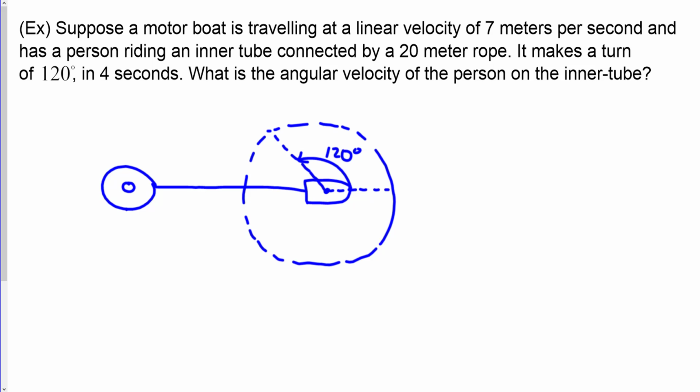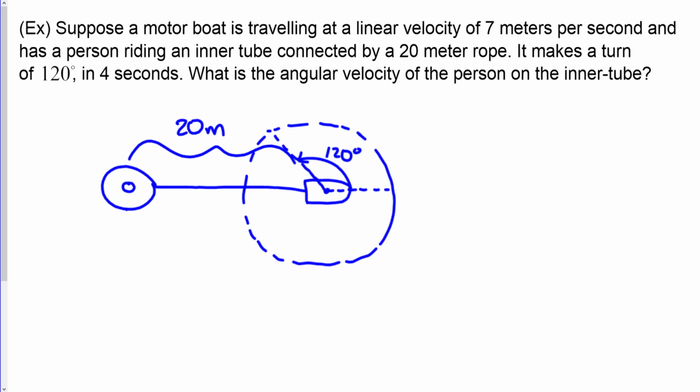So we're just going to assume that a boat rotates 120 degrees in 4 seconds, and we want to see the effect on the inner tube that's connected, 20 meters away. So we have this inner tube that's 20 meters away. How fast is that rotating?